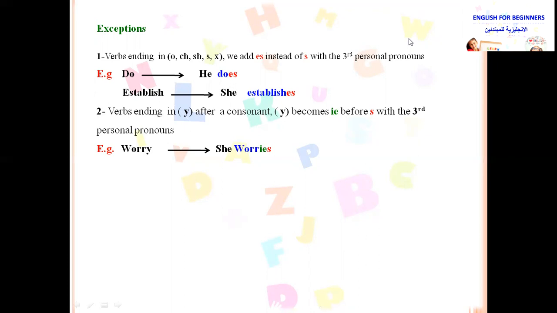Example, worry. Here I have the letter y at the end, preceded by the letter r, a consonant. It becomes worries with the third person pronouns. She worries. So ie instead of y, and the letter s.